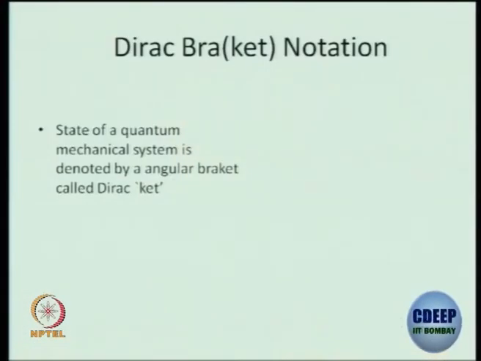The state of a quantum mechanical system is denoted by this kind of angular bracket, which is called Dirac. Okay, so let me try to introduce this for you.